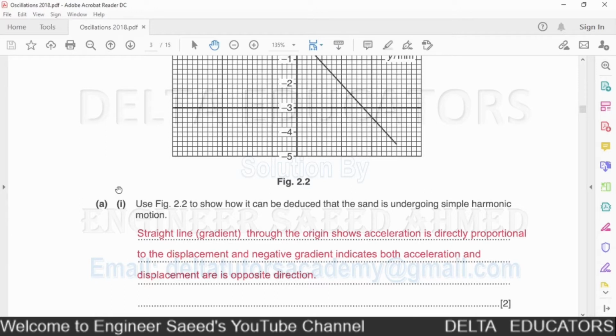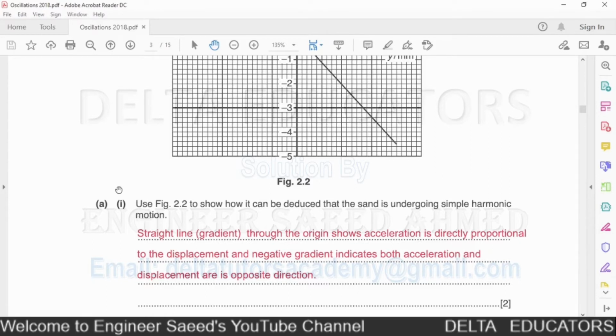What is the condition of simple harmonic motion? In simple harmonic motion, acceleration and displacement are directly proportional to each other and in opposite direction. Or mathematically we can say a is directly proportional to minus x, where x is displacement and a is acceleration.